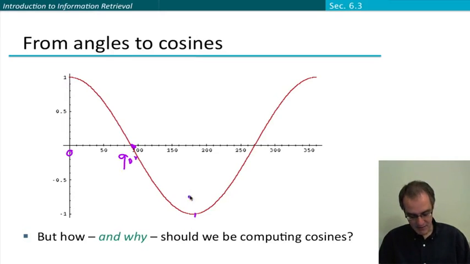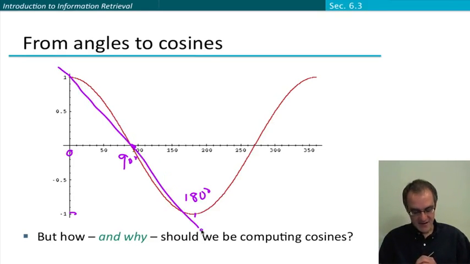And it keeps going right up to 180 degrees, where the cosine continues to descend to -1. So essentially, all we need to observe is that cosine is a monotonically decreasing function in the range 0 to 180, and therefore cosine score serves as a kind of inverse of angle.